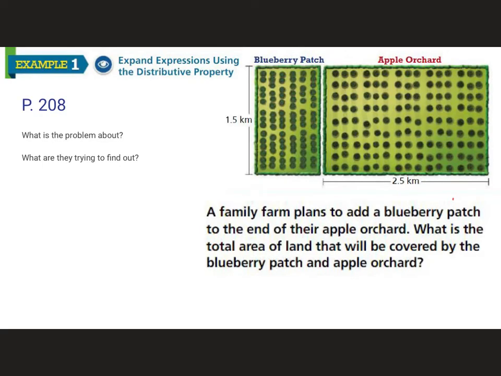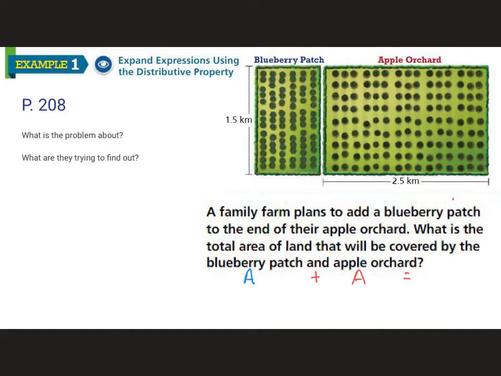So here's another area problem, and it says a family farm plans to add a blueberry patch to the end of the apple orchard. What is the total area that is covered with a blueberry patch and the apple orchard? So we're going to be combining the areas of the blueberry patch and the apple orchard together.